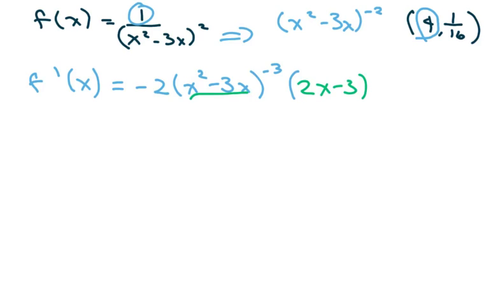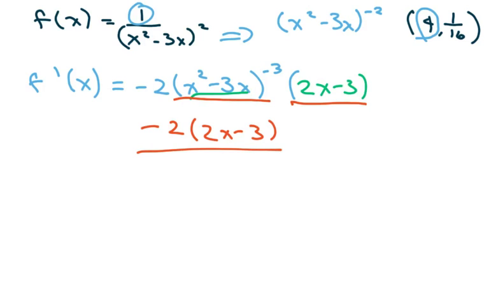And simplifying this, we're going to get negative 2 times this piece over this part. I'm going to bring this guy to the denominator and clear that negative exponent. And then just evaluate at 4.